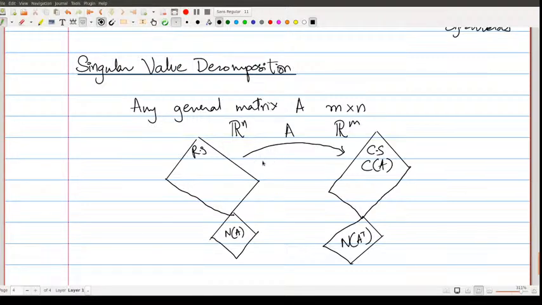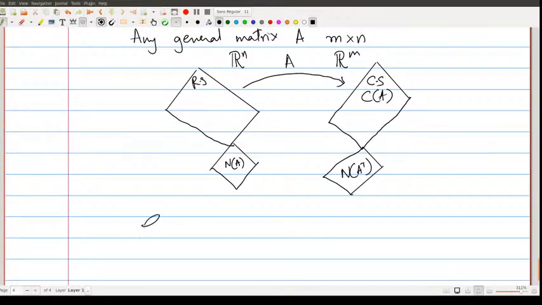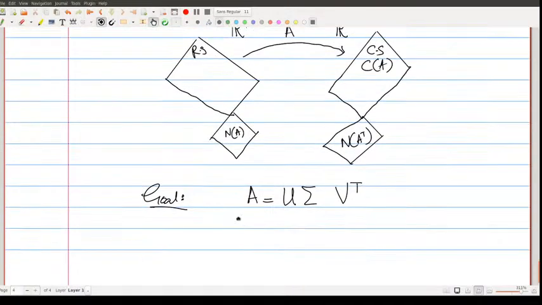So what's the idea? How do we factorize something that's so general? The goal of the singular value decomposition is that there is a nice factorization for any general matrix of the form U sigma V transpose.